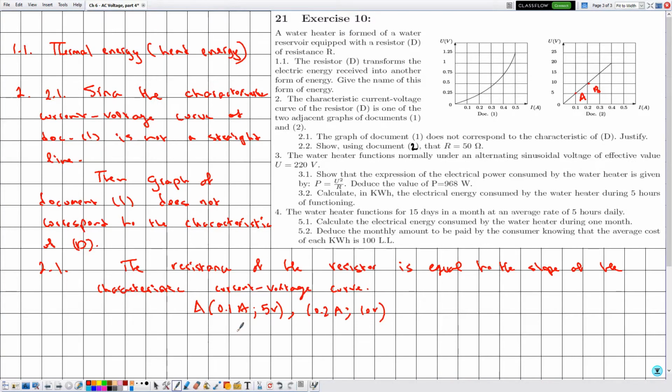And notice that in this case, A and B are expressed in the SI, so no need to convert. Then we can skip step 3 and directly write that R is equal to UA minus UB divided by IA minus IB.